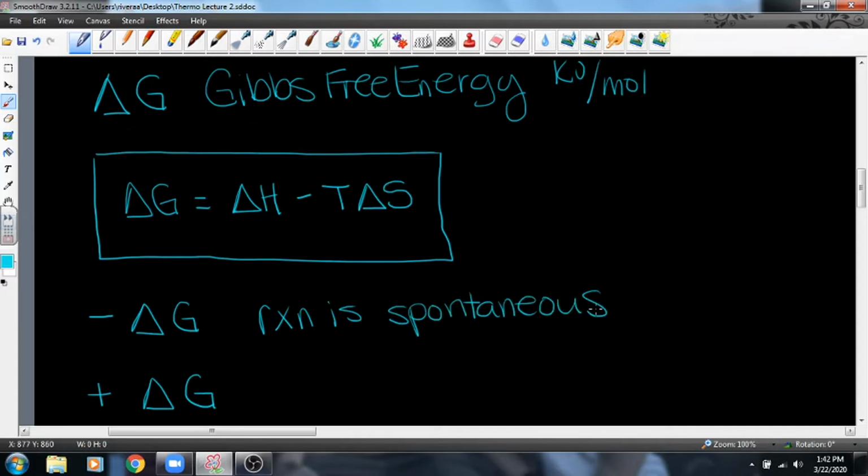And then again, of course, if it's spontaneous in the forward direction, it is not spontaneous in the reverse direction. So if you get a positive delta G, that reaction is not spontaneous.